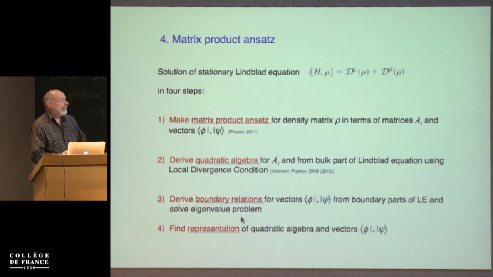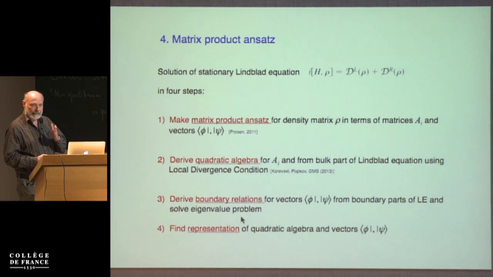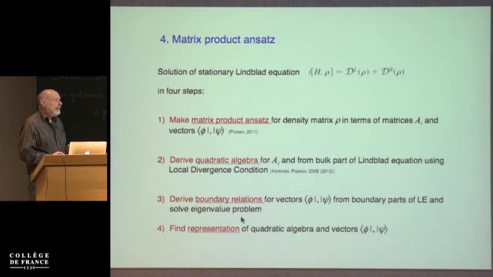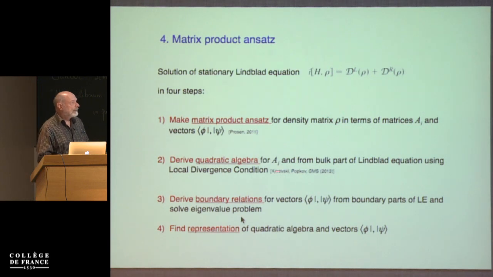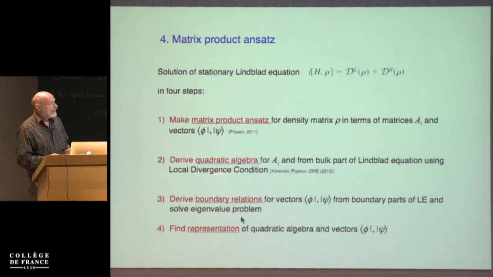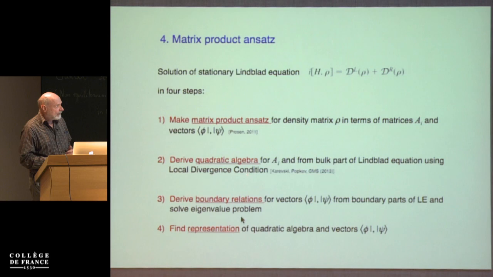Then, okay, this is just an ansatz. Then you have to say something about the matrices. We have seen how it worked in the classical case just in the lecture before. Here, again, it's a bit more tricky because the idea is kind of similar, but the whole setting is a bit more complicated. So a convenient way of doing this is to just formally plug it into your equation, and then you impose a condition that we call local divergence conditions, and that will give you a quadratic algebra for the A_i.